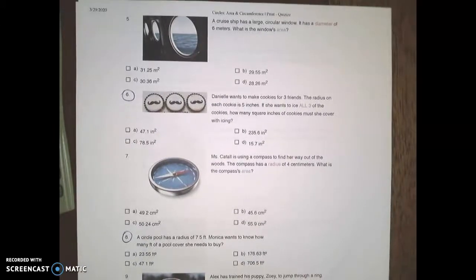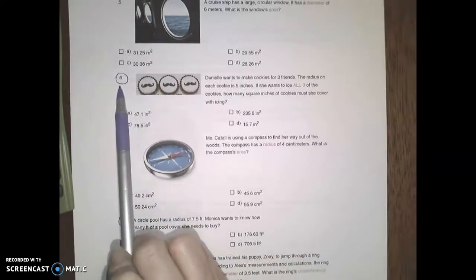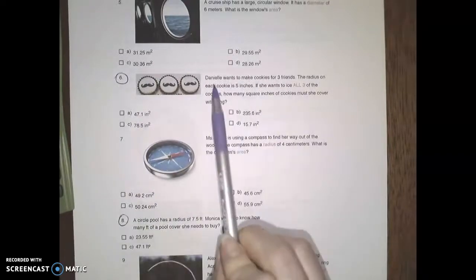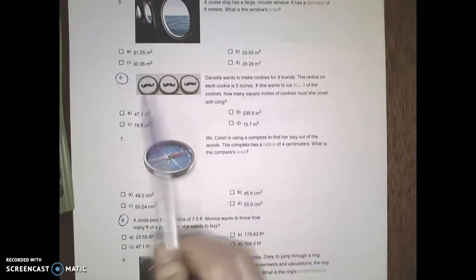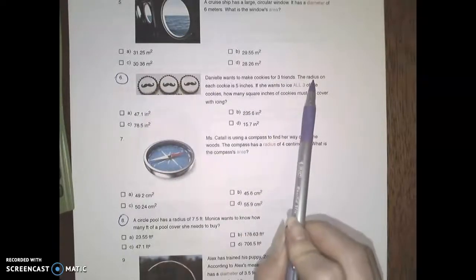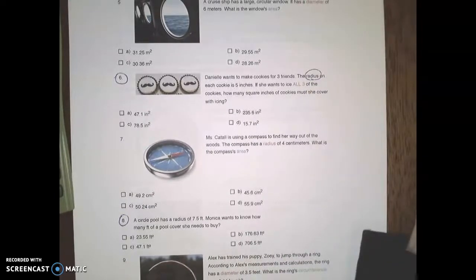This one was a vocab question. What's the circumference? To save on time, I just wanted to go over a couple that I saw some students getting wrong. Number 6. Danielle wants to make cookies for 3 friends. So you've got 3 cookies here. The radius, remembering what the radius is, that is the halfway point.